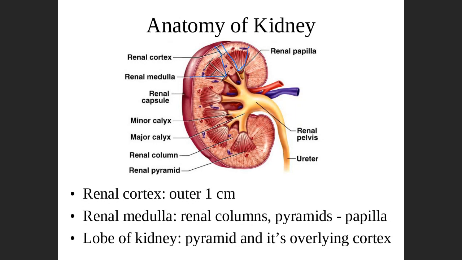Here's another lobe. Now this right here that looks like a triangle, in 3D it will be like this. And that's what we call the renal pyramid. Of course you cut one section, it looks like that, but it's a pyramid. At the tip of the pyramid is the nipple, which we call the renal papilla.